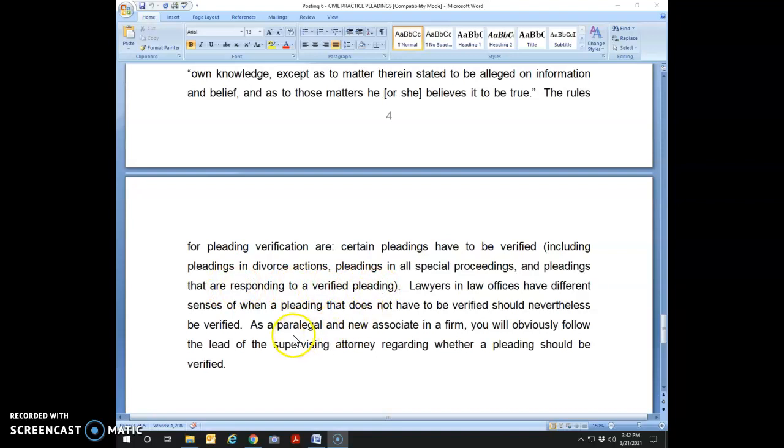So again, you're going to have to figure out, as a paralegal or a new associate in a firm, where the firm stands about verifying pleadings that don't have to be verified.